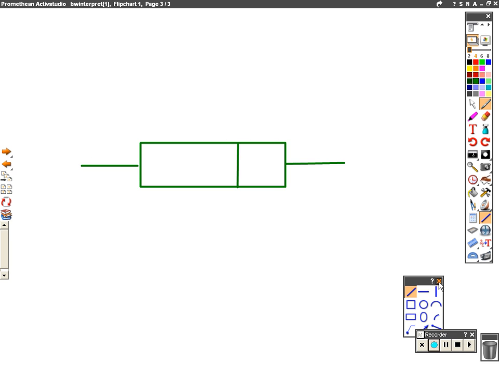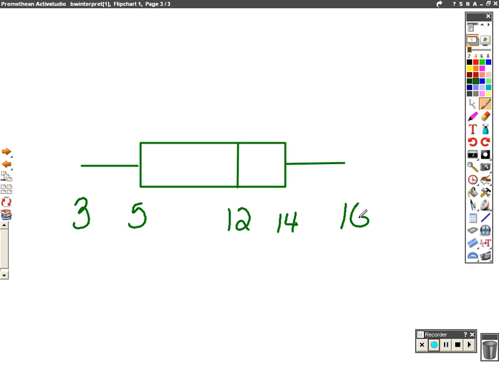Let's say this is 3, this is 5, this is 12, 14, and 16. And this could be the number of baskets you made in a game. So for this data, the fewest number of baskets you made was 3. The most baskets you made was 16.